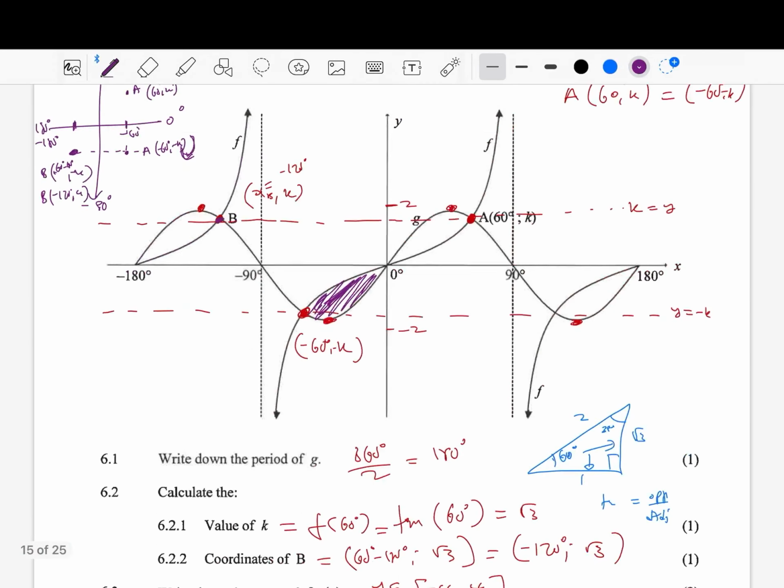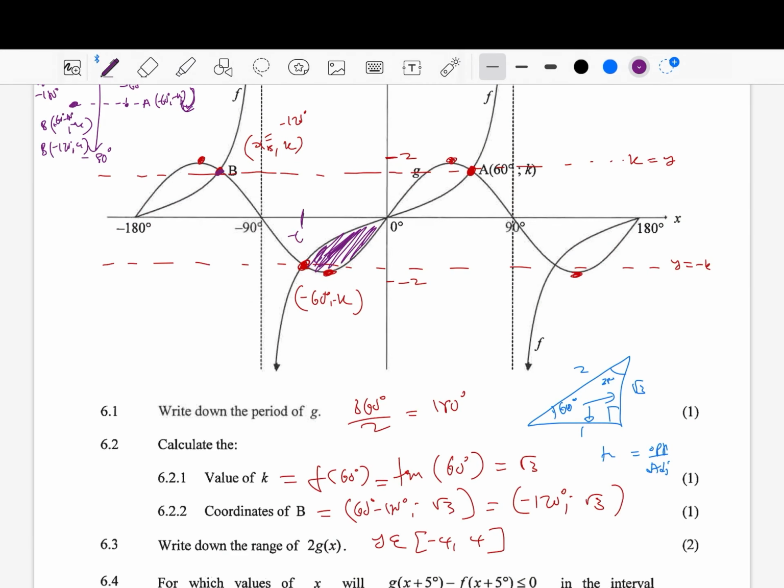What is this point? This is negative 60. We've calculated that. This is why we had to discover the intercept first, before answering the questions, because otherwise this would confuse you.